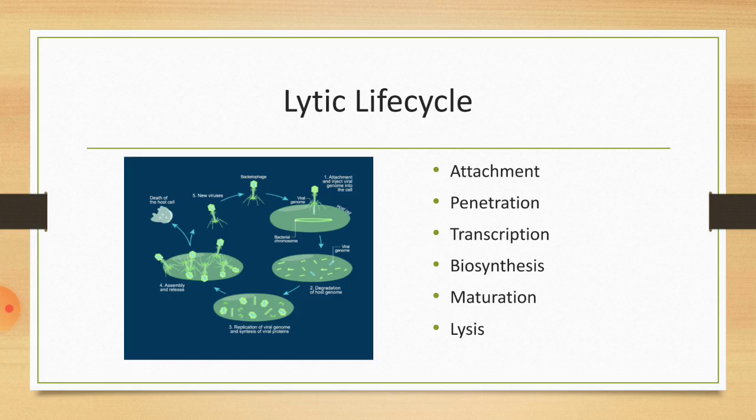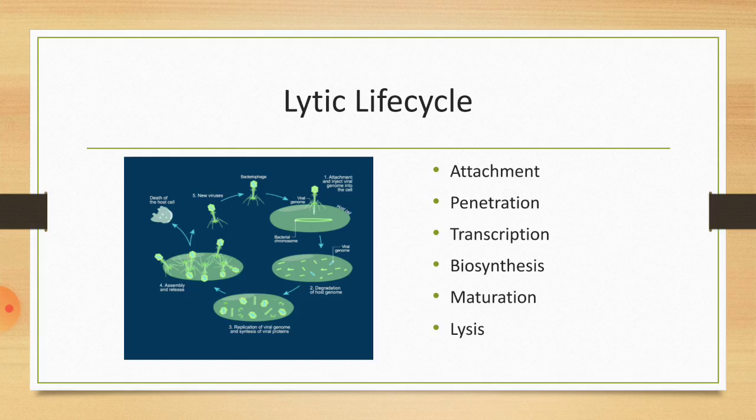Before going through all these steps one after one, I would like to define what is lytic life cycle. Lytic type of life cycle was first studied in T-even phages by Max Delbruck in 1940. Here in this life cycle, virus kills the host, that is bacteria, after completion of life cycle.